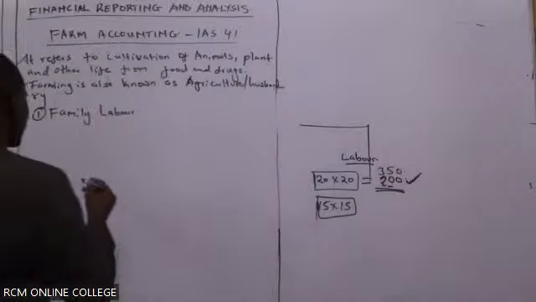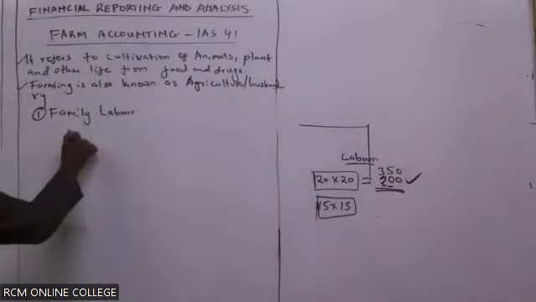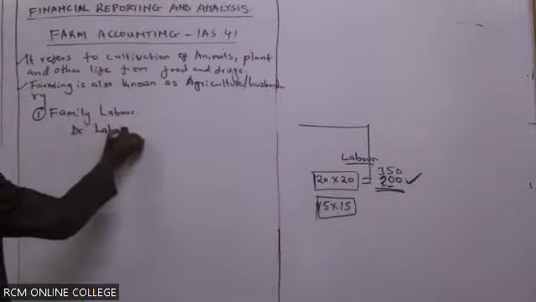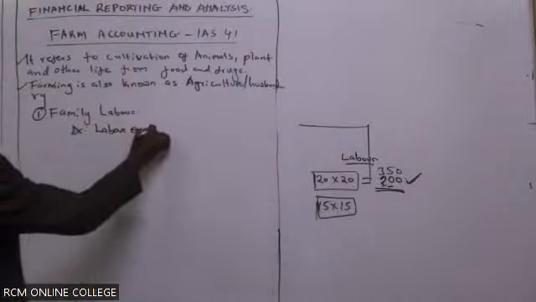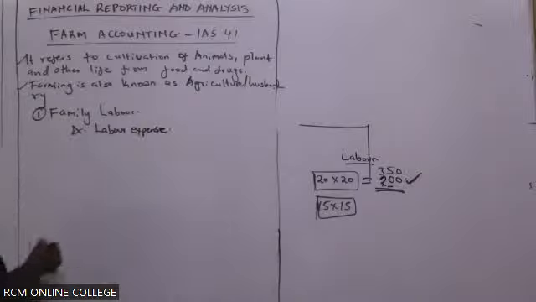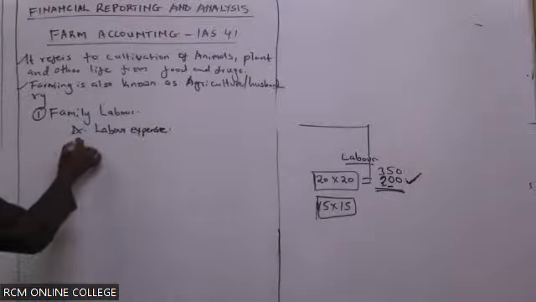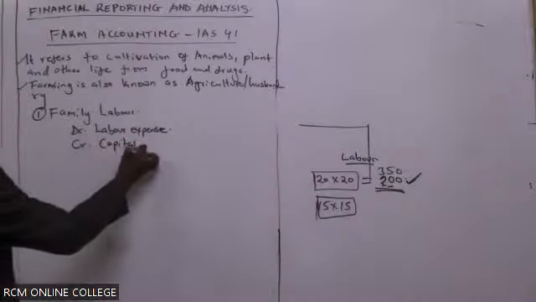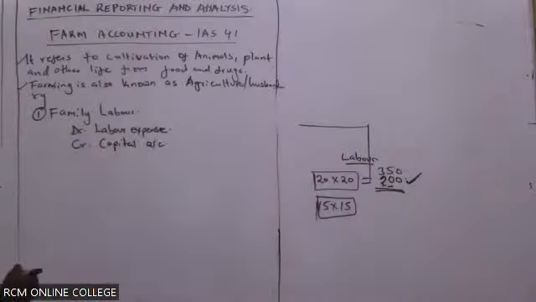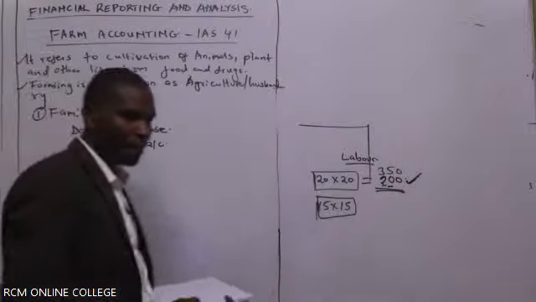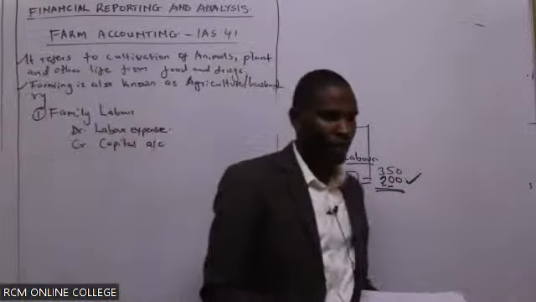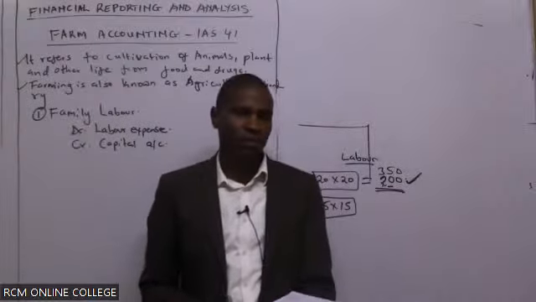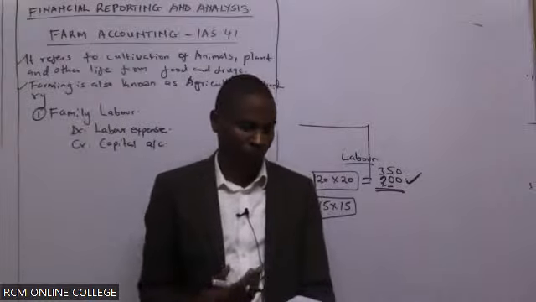So we debit labor expense, and credit capital account. We credit capital account. The two give us the complete account entry.